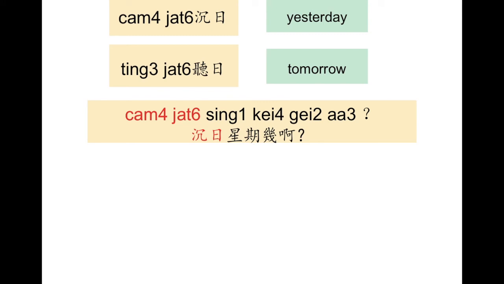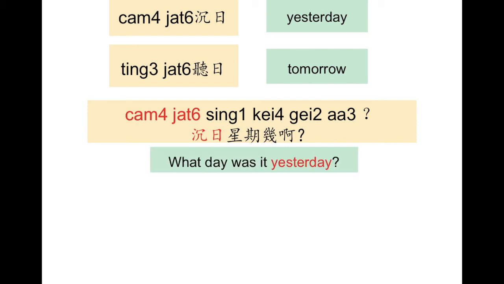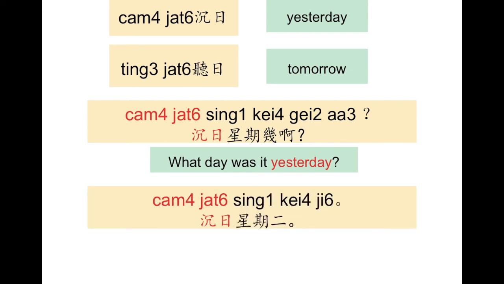尋日星期幾啊? And it means what day was it yesterday? So, your answer could be 尋日星期二. 尋日星期二 means yesterday was Tuesday.